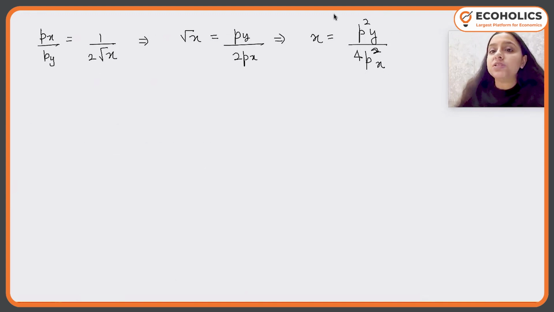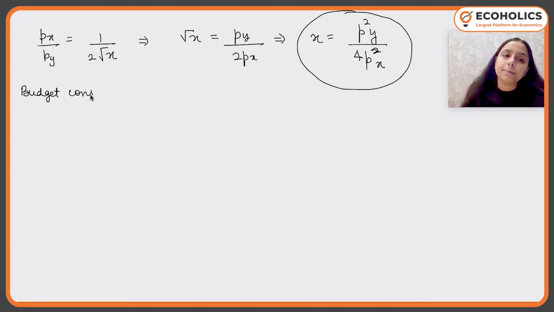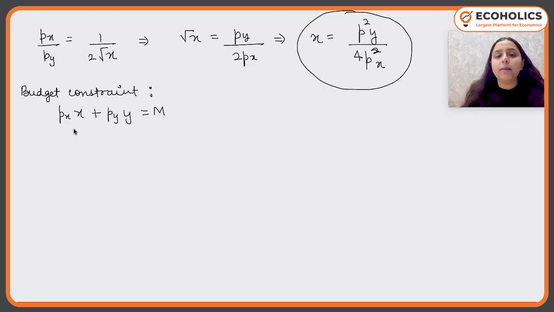Now I will substitute this value of x into my budget constraint so that I get the optimized value. That is how we do it. Now the budget constraint is Px into x plus Py into y equals to M. So I just have to substitute this value and solve the budget constraint.